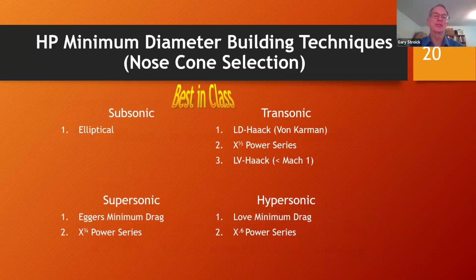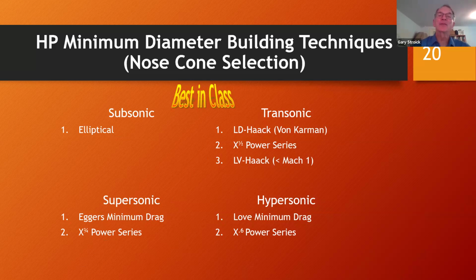So let's talk about nose cones a little bit. Nose cones have a variety of designs, and they are very different in terms of their performance in various realms of speed. Generally, the best shaped nose cones work in a certain velocity realm.